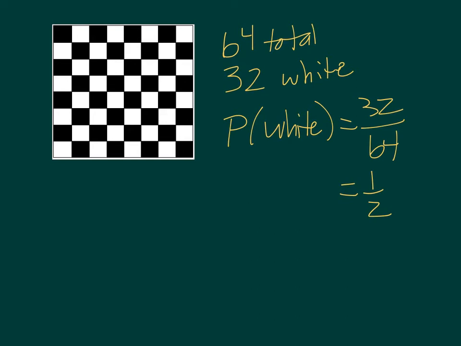But now let's look at it from a different perspective, as opposed to just counting the squares, and see if that can help us understand how geometric probabilities are computed. Let's take the same checkerboard. Let's give some dimensions to each one of our squares.